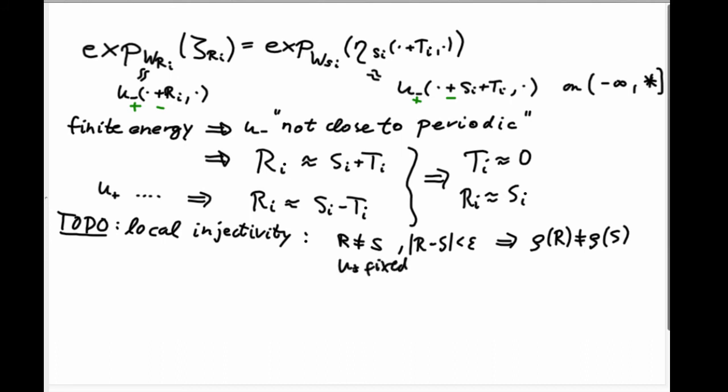And that looks like something that begs to be proven by a derivative being non-zero. So if I could prove that my gluing map actually has a well-defined derivative, and that it's non-zero, then I get in some epsilon neighborhood that the map does change.